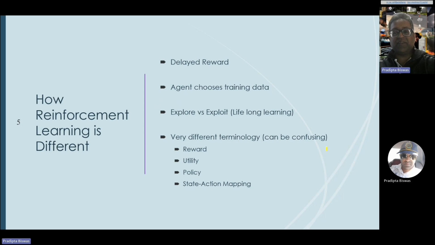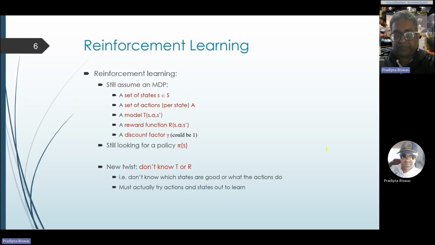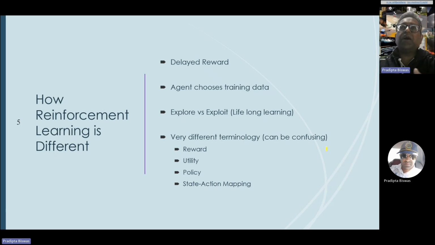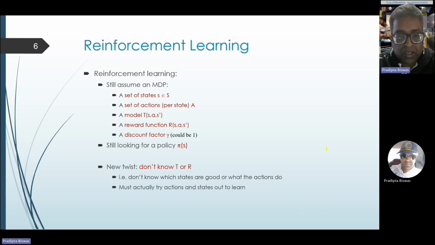And during Q learning also, you will see that we will define the Q function as a functional on state and action, where the state and action pair works as the independent variable. So we are already accustomed with some of these terms from the value and policy iteration or Markov decision process lectures, but these terms are a bit different from what we used in supervised or unsupervised learning, where we mostly talk about training data, feature validation, etc.